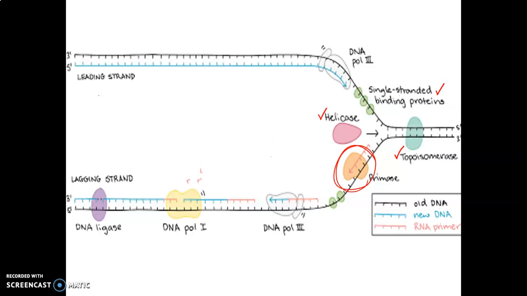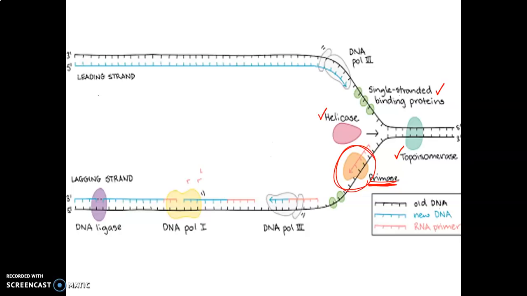Primase has a pretty cool job. He's super duper important, and if you don't have primase, you're not going to be able to replicate your DNA, and if you can't replicate your DNA, then that cell cannot divide. For example, if the sperm and egg that come together to form the zygote are missing the gene that codes for the enzyme primase, then that zygote won't end up developing into an actual baby because that cell won't be able to divide.